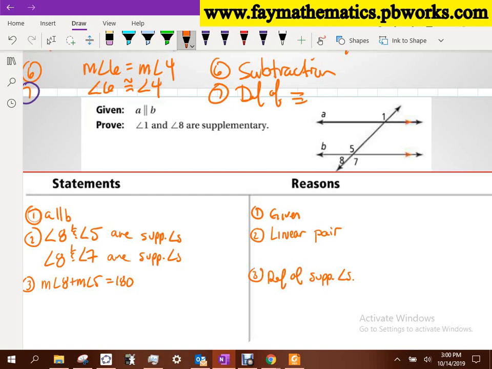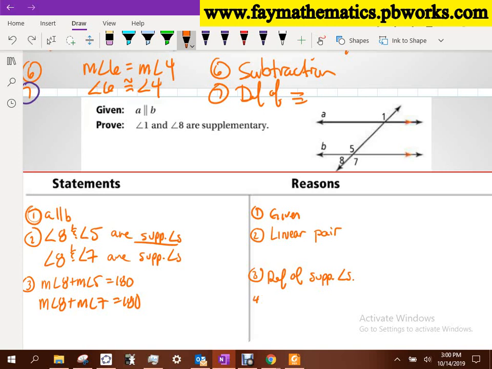When we say something is supplementary, we're using a vocabulary word, so the conclusion of that vocabulary word is what we wrote here, and our reason will be the definition of that vocabulary word. So I should be able to say the measure of angle 8 plus the measure of angle 7 equals 180. Still the definition of supplementary angles.